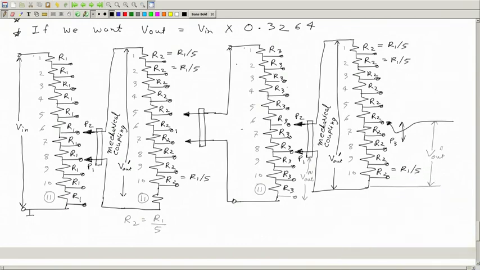We have 11 of them, and then this last stage you call R4. Here we have 10 of them. Okay, call this R4.